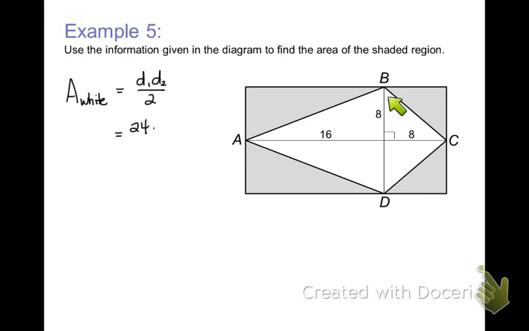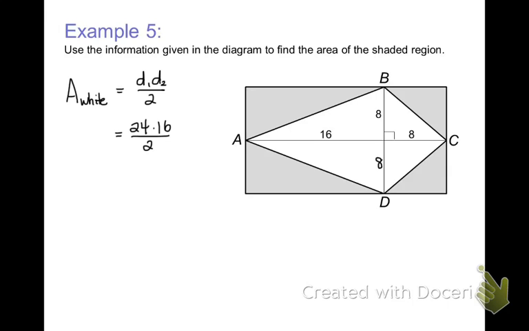How big is that? And how do you know that other piece is an 8? Because a kite has symmetry about one of its diagonals, not both. So we have 8 and 8, which add up to 16 for my second diagonal, and then we just have to divide by 2.